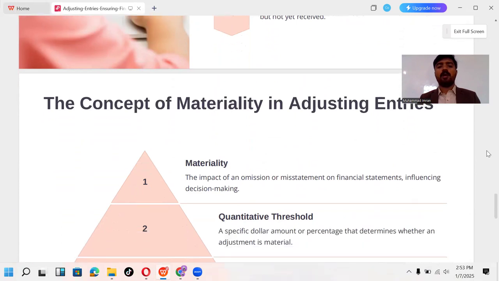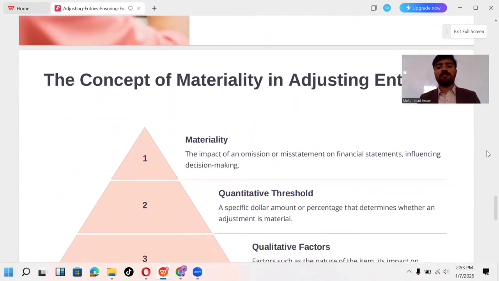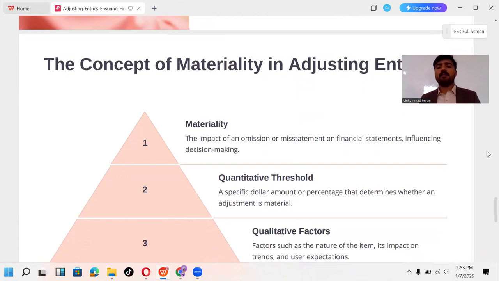So now we move to the concept of materiality in adjusting entries. This concept is very necessary for preparing the financial statements, because small mistakes or errors can affect these financial statements very much.